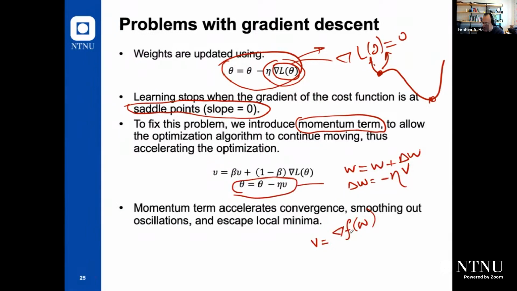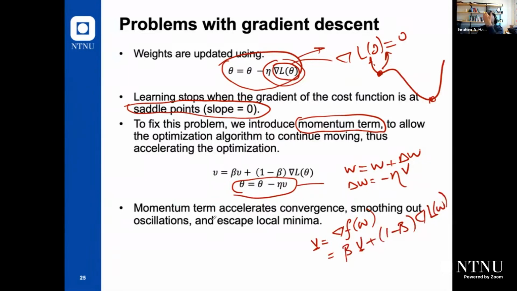Instead of using only the gradient, we need to use also the last value. So we introduce beta: v equals beta multiplied by the last v, plus 1 minus beta multiplied by the gradient. Here the left side is the current speed, this is the last speed, and this is the coefficient.